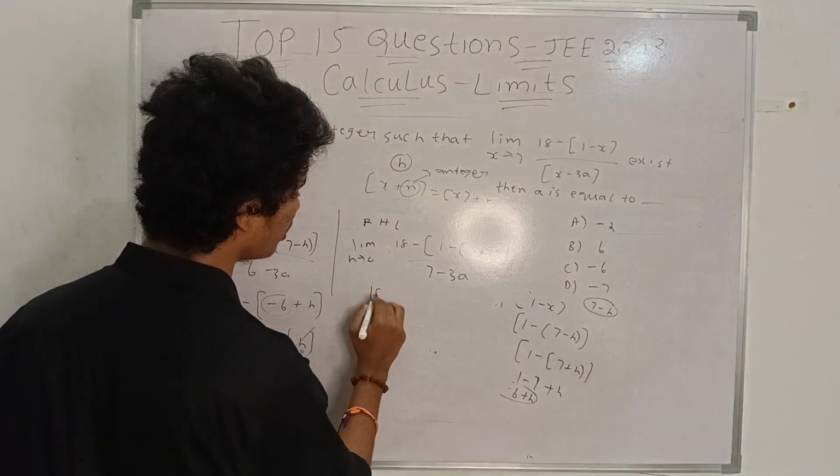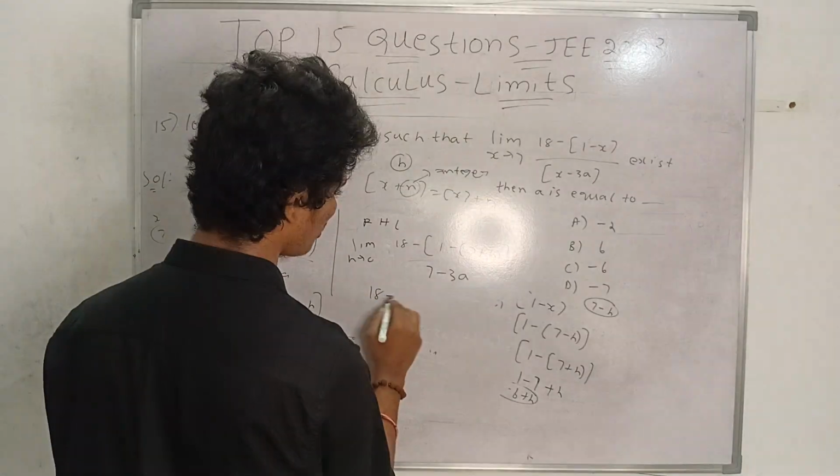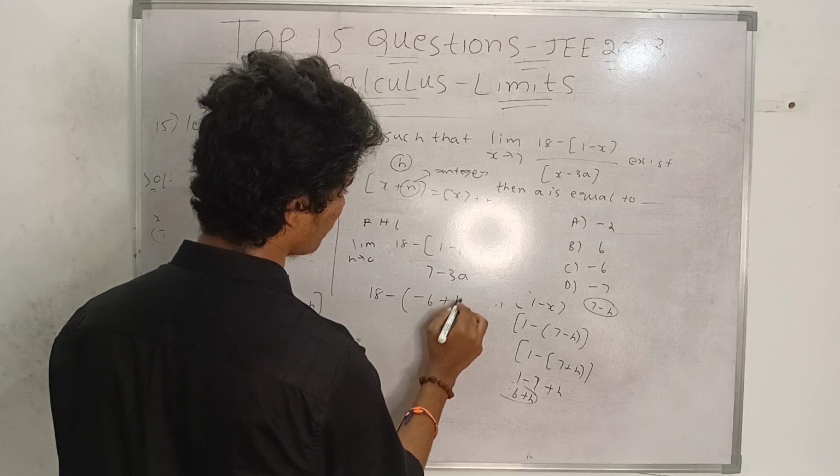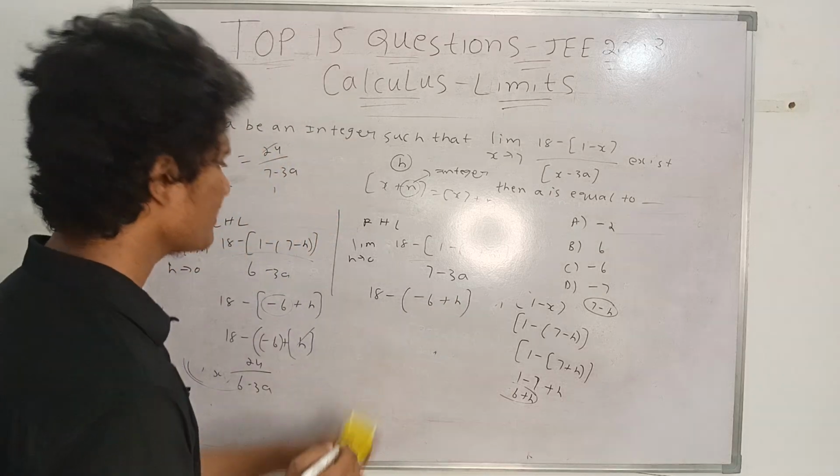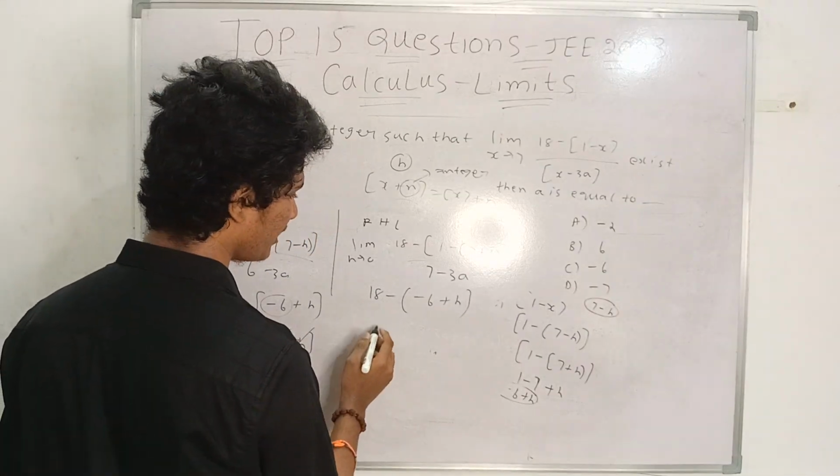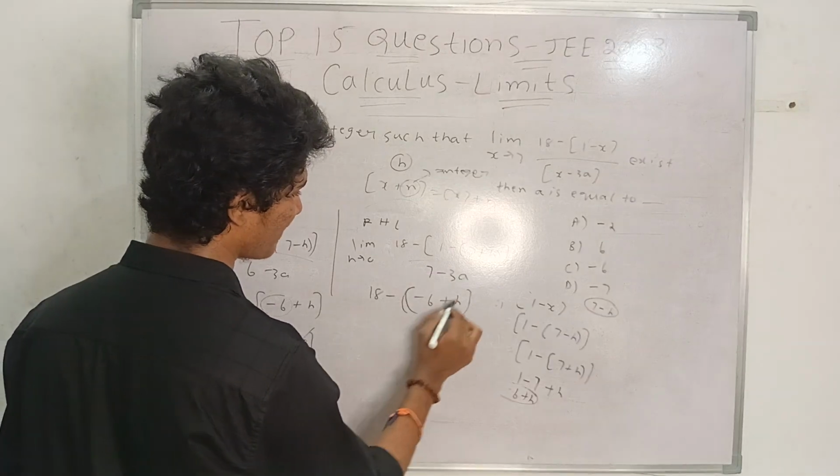And here when we do it like this, 18 minus of minus 6 plus h, but here it is the fractional part.